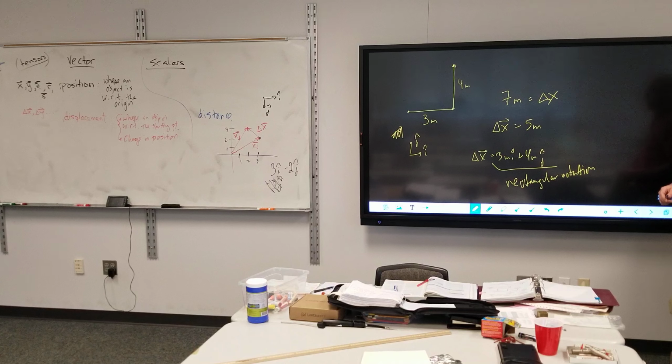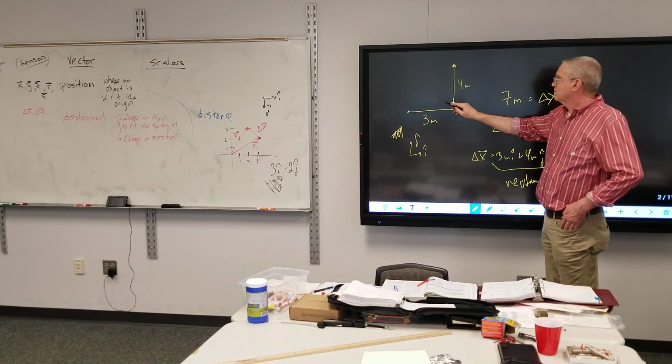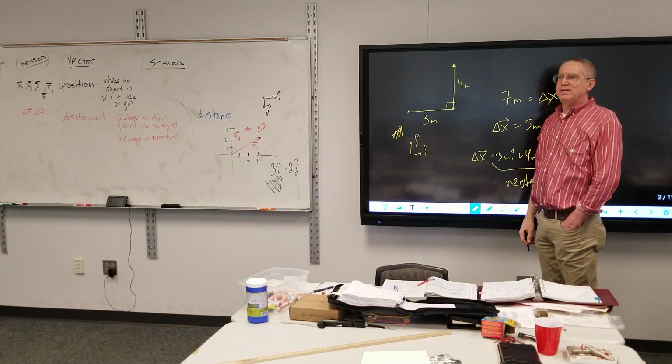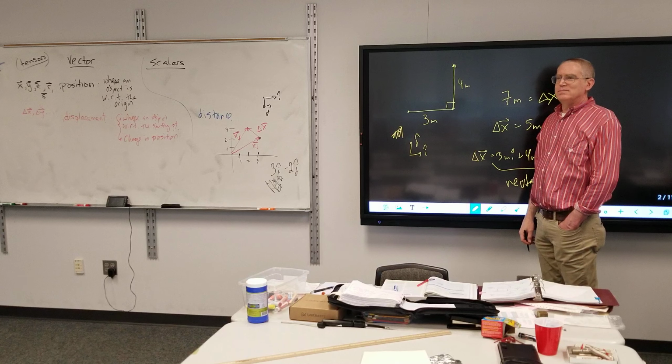But if I wanted to do it in terms of distance, or the magnitude of the displacement and the angle, what angle would that be? 45 degrees, assuming. For 45, those would be the same number. Oh, yeah, 38 degrees. About.